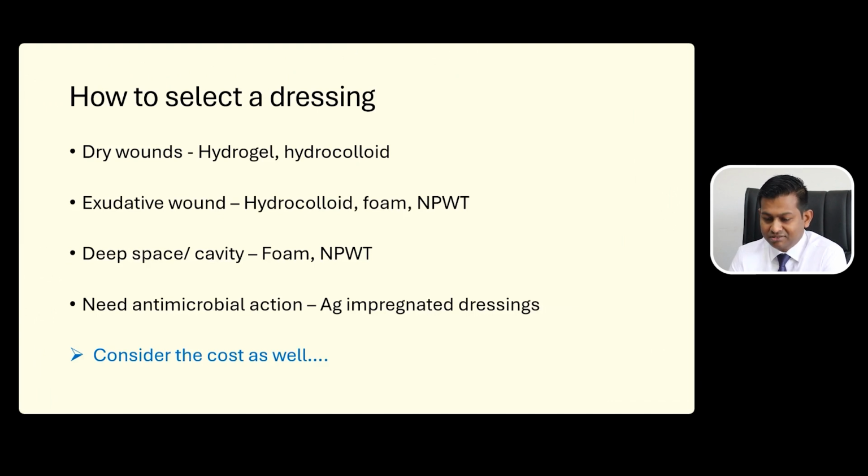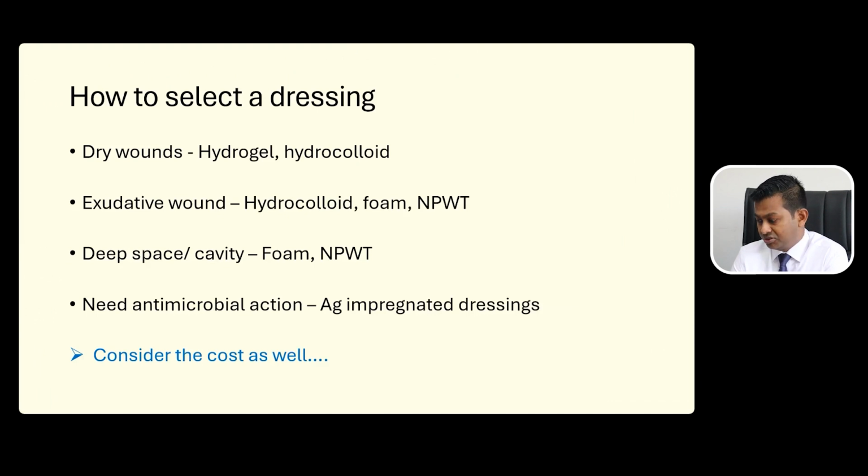If it's a deep space cavity, going into the foot or going into the thigh, wherever, even in the abdomen or anywhere, foams, negative pressures are effective. And if you need some antimicrobial action, silver impregnated dressings are useful.